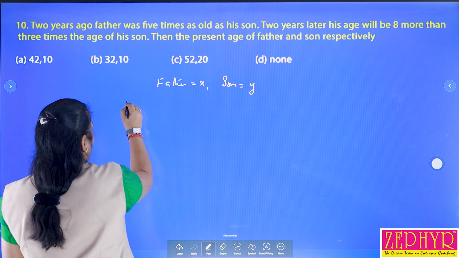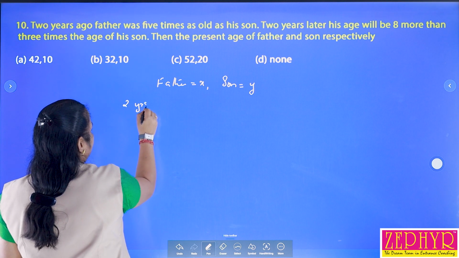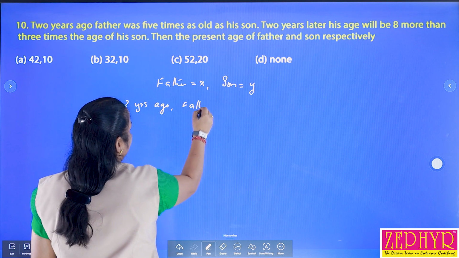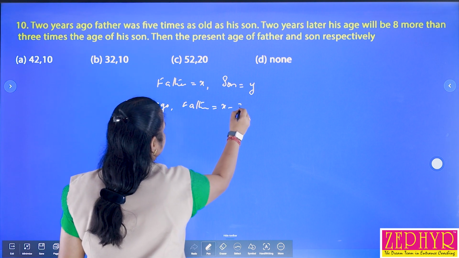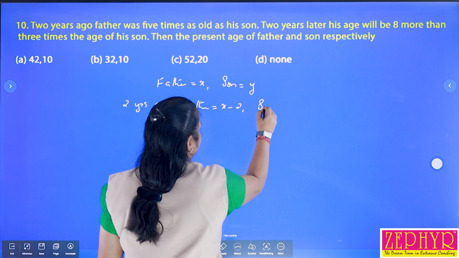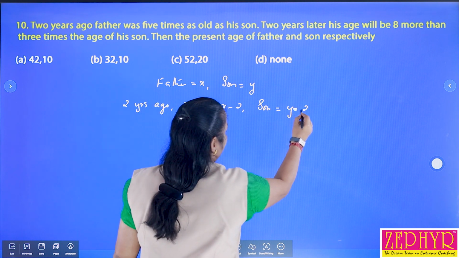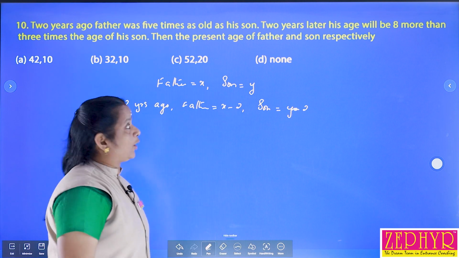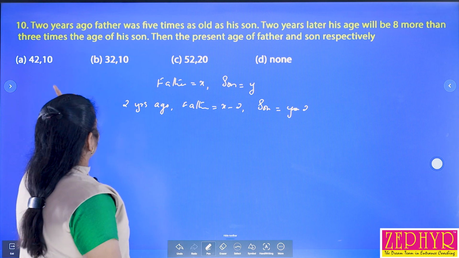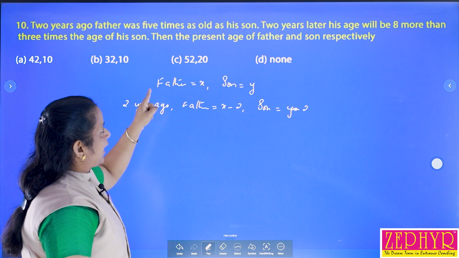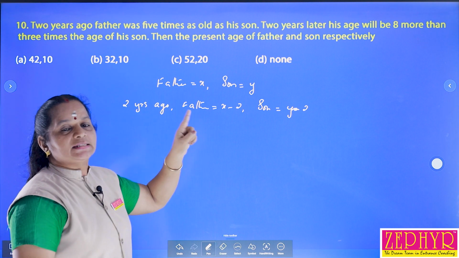Two years ago, what is the age of the father? The father's age is x - 2 and the son's age is y - 2, two years ago. Two years ago, the father was 5 times as old as his son.